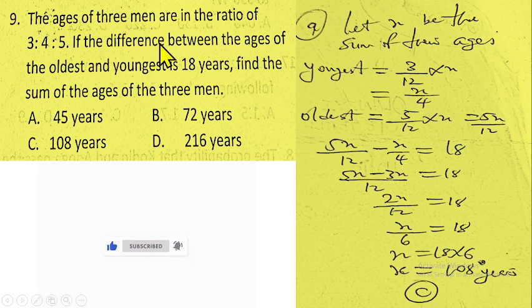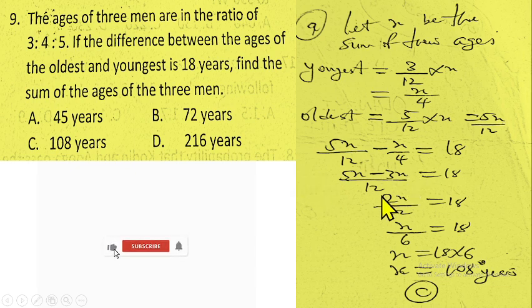So we are told the difference between the ages of the oldest and the youngest, so this is the youngest, this is the oldest, so that will give us 5x over 12 minus the age of the youngest, which is x over 4, equals 18 years. So from there you can simplify further by finding the LCM, which is 12. 12 in 12 gives us 1 times 5x, gives us 5x, minus 4 in 12 will give us 3, then 3 times x will give us minus 3x, equals 18.